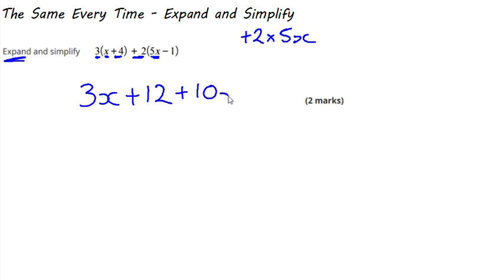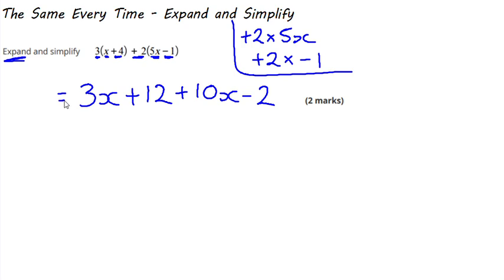So positive 10x is my next term. Then the next term inside the bracket is a negative 1. So outside the bracket is a positive 2, a plus 2, and inside the bracket is a negative 1. So positive 2 times negative 1, positive times negative gives me a negative, so negative 2.